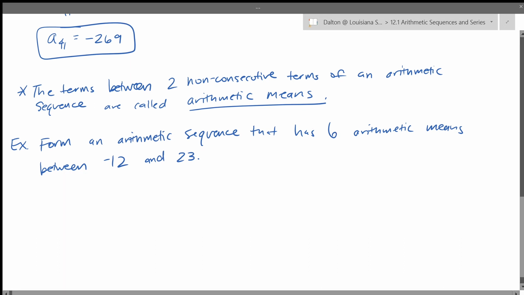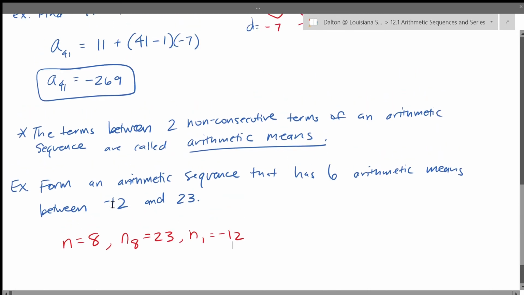If there are 6 arithmetic means between these two numbers, that means there are 8 total, right? Because these two would be 1 and 2, and then there are 6 in between. So that means n is equal to 8. There are 8 total terms in the sequence. We know that our last term is 23. So of those 8, a sub 8 is 23. And of those 8, a sub 1, the first term, is -12.